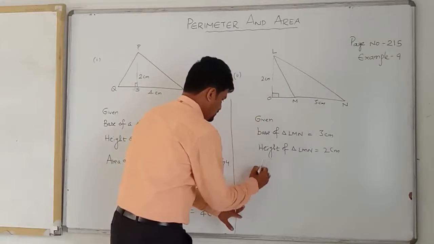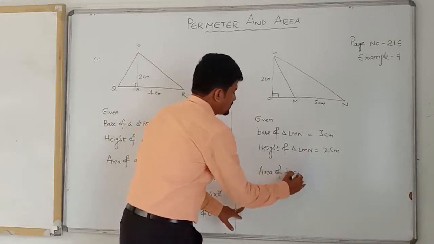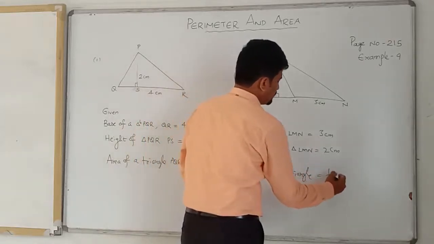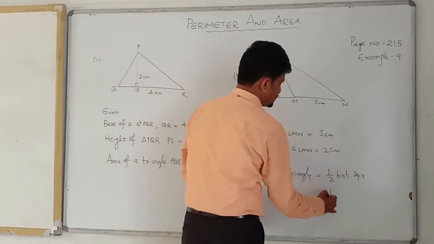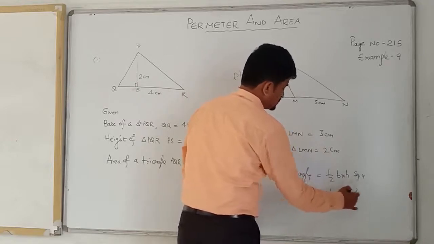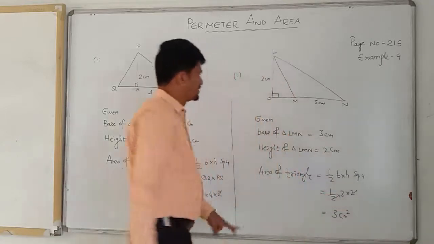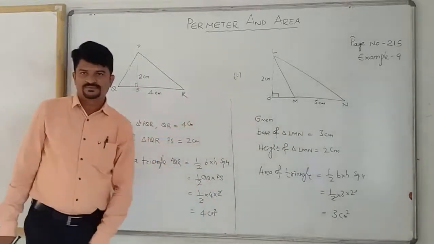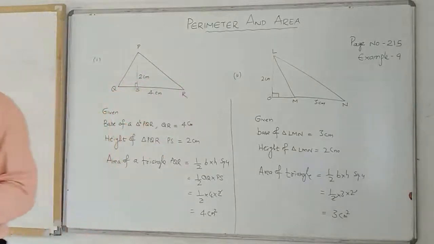Therefore, area of triangle is equal to half base into height square units, that implies half, base means 3, height means 2, that implies 3 centimeters square. Okay, clear children? Write it, all of you. I'll give you 1 minute. In the meanwhile, everybody has to write this.